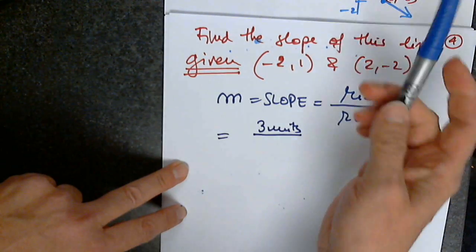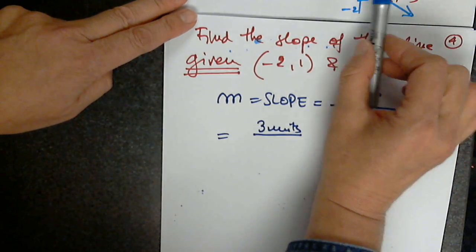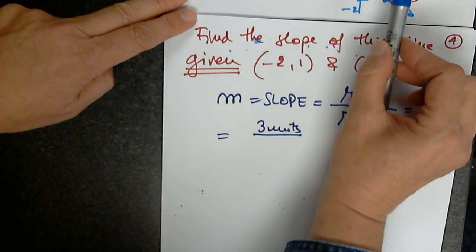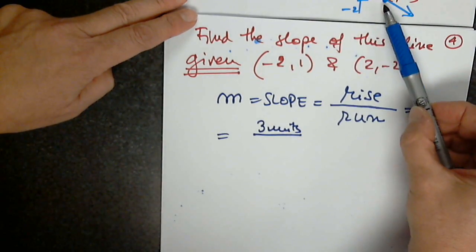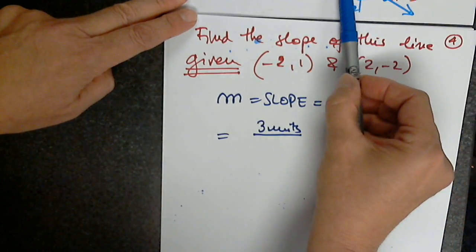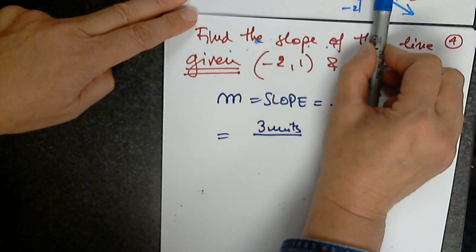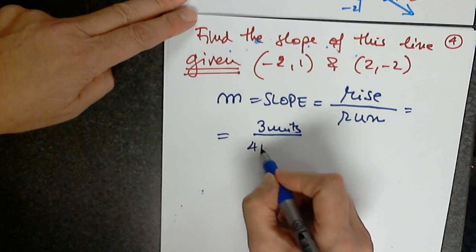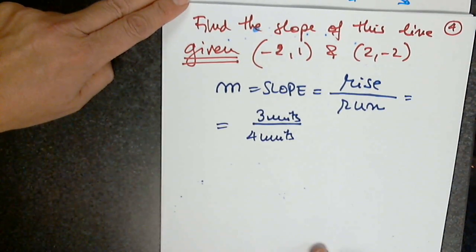Now, from left to right, or right to left, how many units do I go horizontally? If I go up from this point to this point, or if I go down from this point to this point, how many units do I go horizontally? 4 units. There is one thing that is missing here, however.